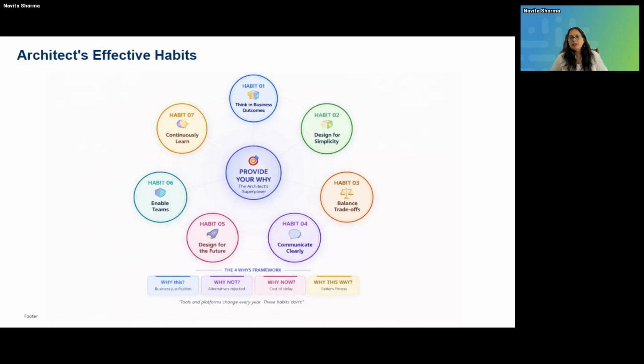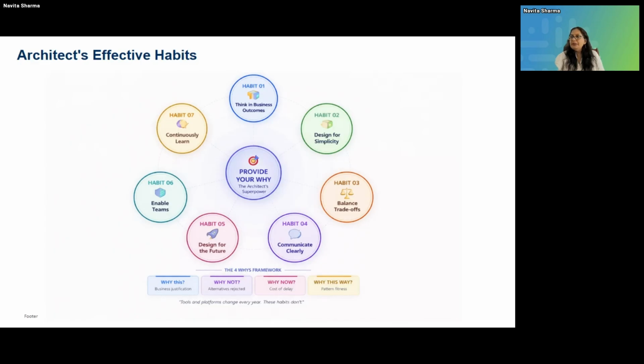So sometimes we say fine, business has asked, let's create 2 fields without even questioning why. So that is very important. Think in business outcomes. Don't hesitate to ask and understand why. And if you understand that why, possibly you will have more interest in building. You will have more satisfaction in delivering that thing.